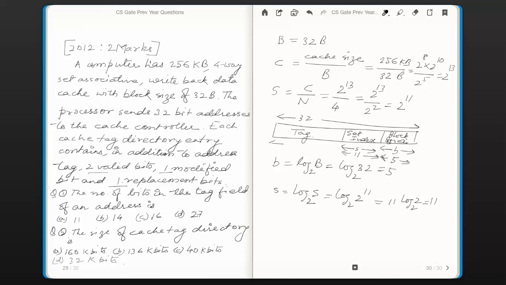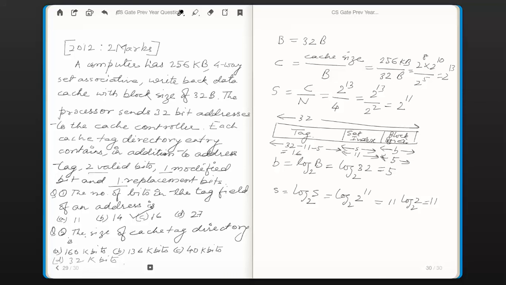So the size of the tag field would be 32 minus 11 minus 5. 32 minus 11 is 21, 21 minus 5 is 16. So here the tag field is 16 bits. So the correct option out of these 4 is option C, which is 16 bits.